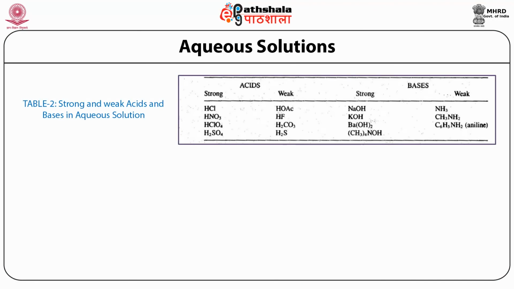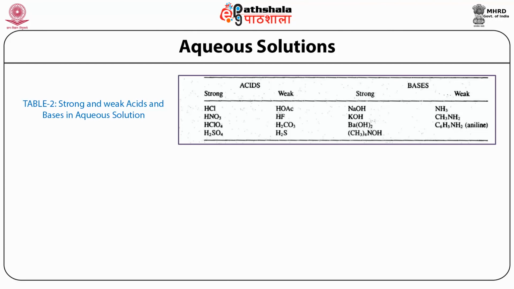Here in this table, we see the strong and weak acids and bases in aqueous solution. Strong acids are sulfuric acid, nitric acid, hydrochloric acid, and hypochlorous acid, and weak acids include hydrogen sulfide, hydrogen carbonate, hydrogen fluoride, and acetic acid.